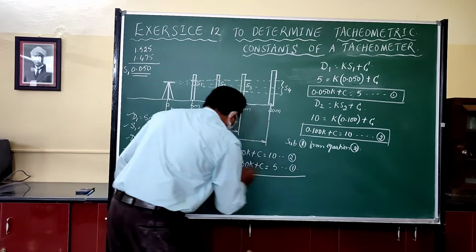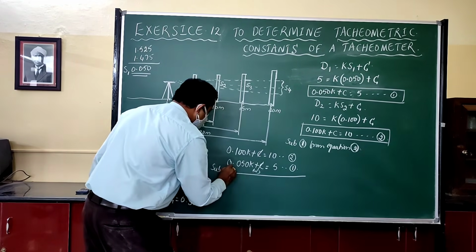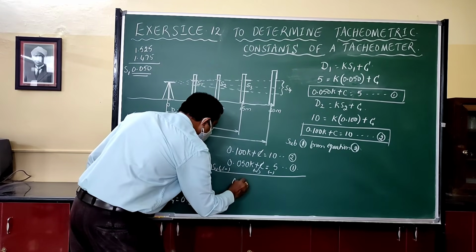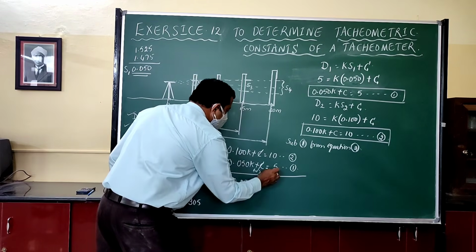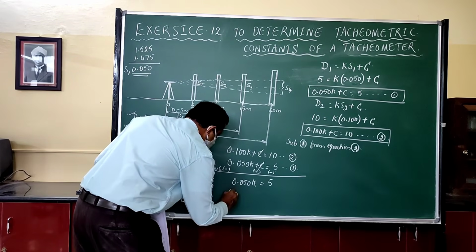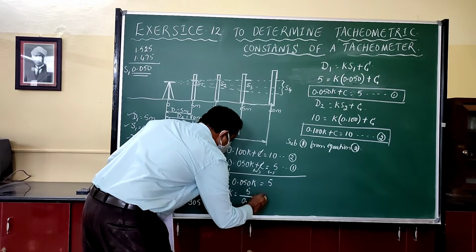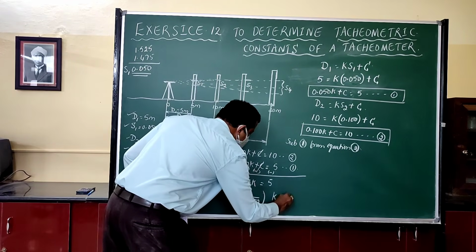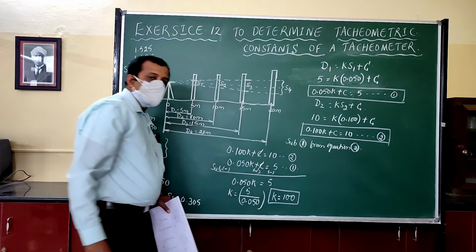Equation 1. I am going to subtract these two equations. Plus sign and minus sign get cancelled. This will be 0.050 K is equal to 10 minus 5 is 5. Therefore, K is equal to 5 divided by 0.050. 5 divided by 0.050 is 100. Now, we got the multiplicative constant K as 100.